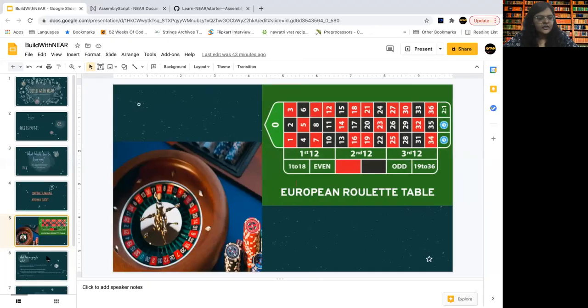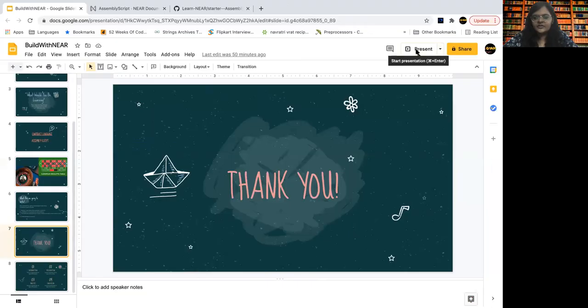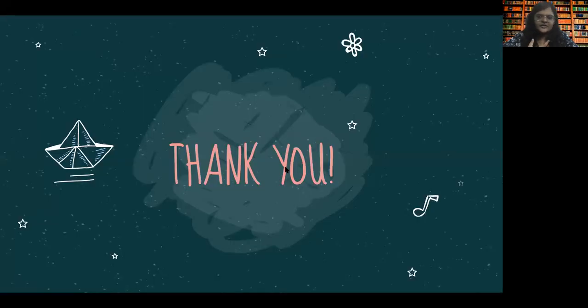Thanks a ton for joining me today, folks, on this particular video. Hope you were also writing the contract with me and kind of understood the nuances of writing a smart contract in AssemblyScript. And in the next video, we will see how to run this contract and how to call the different functionalities of this contract.